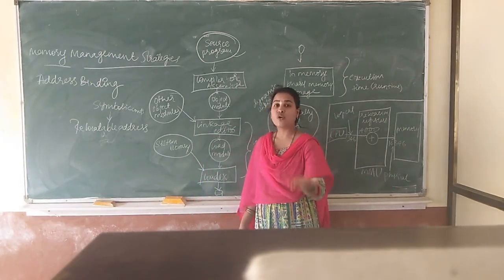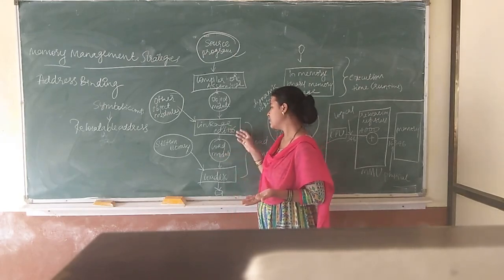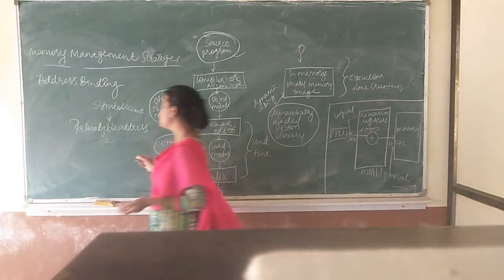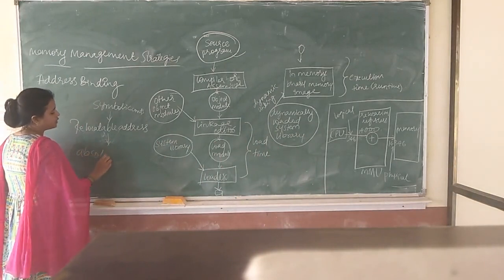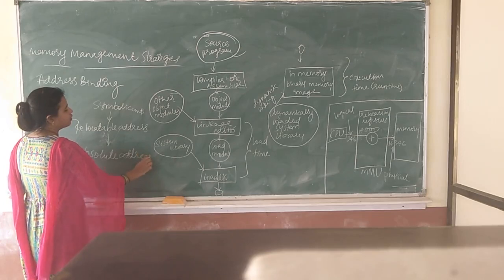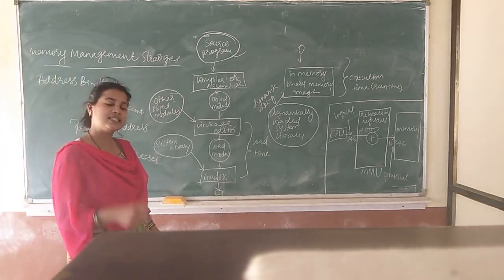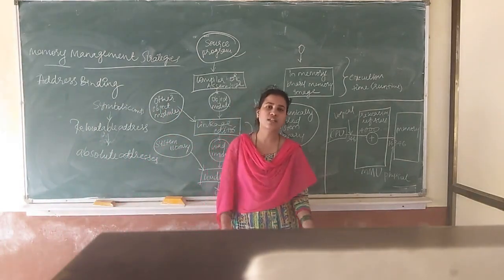Next, the linkage editor and the loader will change these relocatable addresses to absolute addresses. What is an absolute address? This is the actual number, as I told you, like 1340.